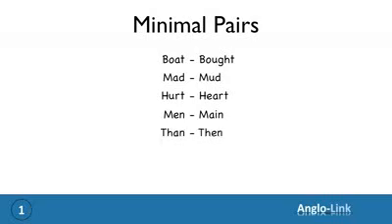Then, bit, bet. Live, leave. So notice the only difference is the vowel or the diphthong, and they can be very, very similar. So in connected speech, they're not easy to tell apart. This is the first reason why listening to English native speakers can be challenging.